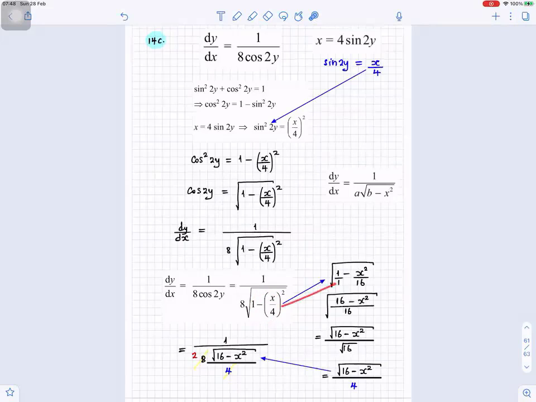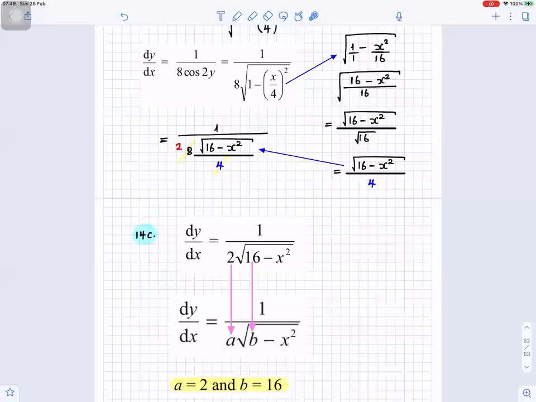We can look here to simplify it. 1 minus x squared over 16 becomes 16 minus x squared over 16, which is the square root of 16 minus x squared over square root of 16, and becomes square root of 16 minus x squared over 4. And this 4 times 8 divided by 4 will give you 2. And you would end up with 1 over 2 square root of 16 minus x squared.